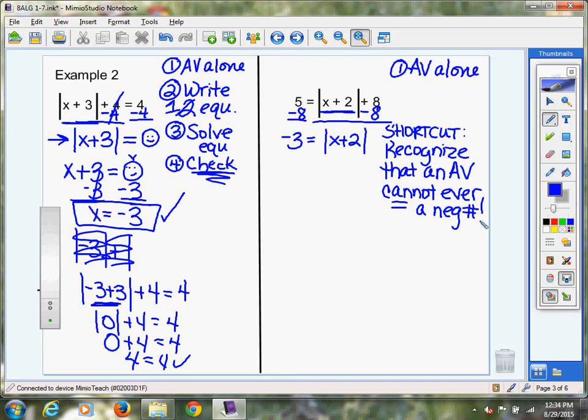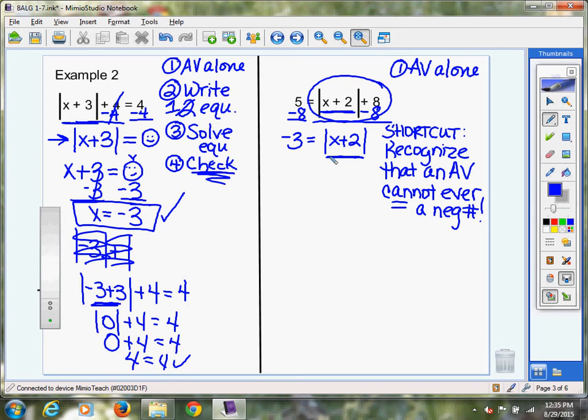But you can catch it right now and go, Mrs. Thompson told me that for absolute value, if my absolute value is set equal to a positive number, now that's when the absolute value is alone, not up here, not here, where that absolute value plus 8 is equal to 5. You can't assess it there. You assess it when the absolute value is alone.